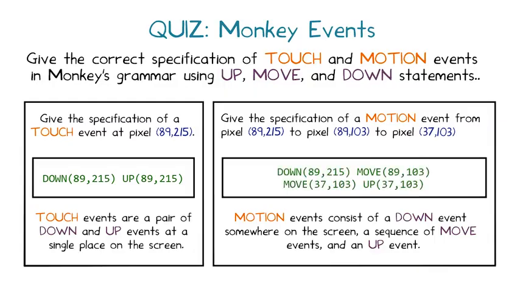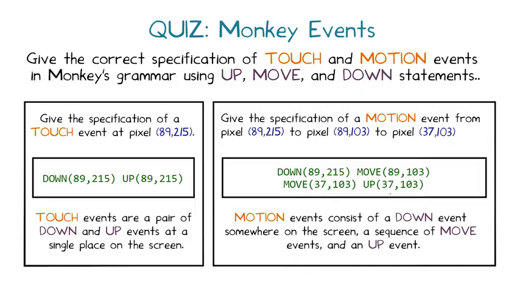In this case, the answer to the second question is down at 89215, followed by a move to 89103, followed by a move to 37103, and finally an up at 37103.